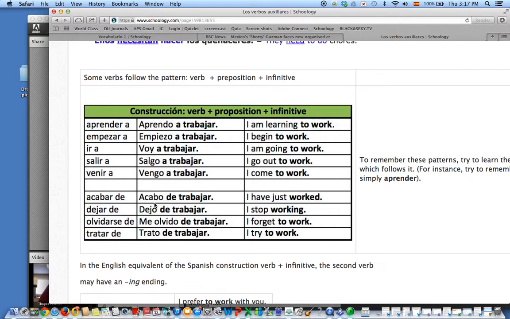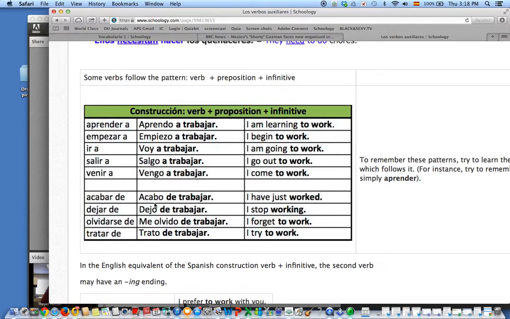And because we always follow that with the de, acabo de sacar la basura. So notice, we conjugate, infinitive right there, and we have de right there.